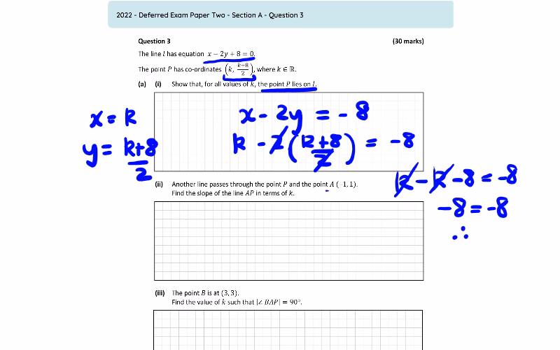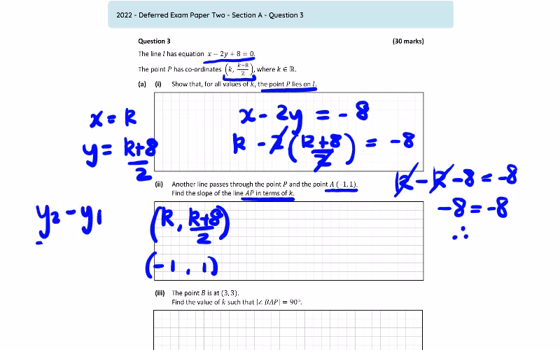Another line passes through P at this point and the point A. Find the slope of AP in terms of k, so just write our points down. We have k and k plus 8 over 2. And we have minus 1, 1. So the slope is just a change in y, y2 minus y1 over x2 minus x1, depending on the order you go, it doesn't really matter.